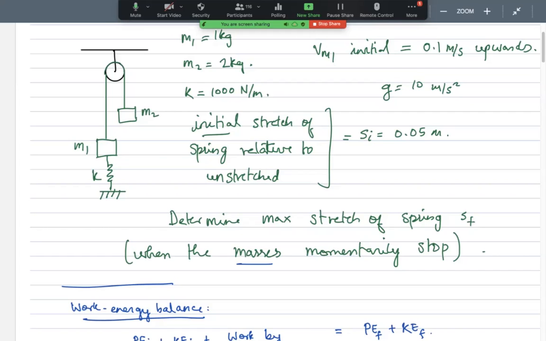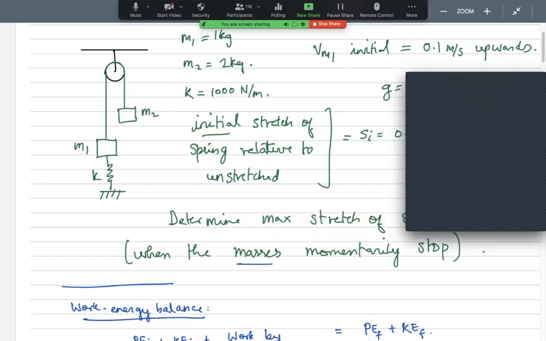In all these problems, when there's a spring and the spring goes to its maximum stretch, usually the things attached to the spring momentarily come to rest. That's what we mean by maximum, because beyond that, if it didn't come to rest at that point, it would continue to stretch and it would no longer be the maximum, is the idea.